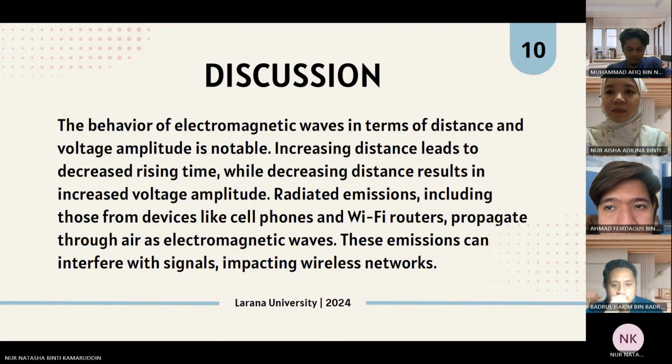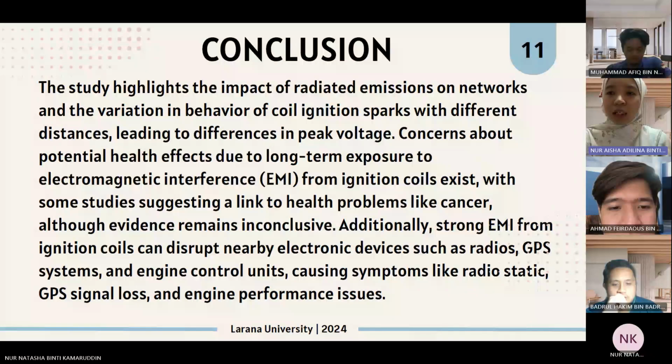Next. So, as for the conclusion, the study highlights the impact of radiated emissions on networks and the variation in behavior of coil ignition sparks with different distances, leading to differences in peak voltage.